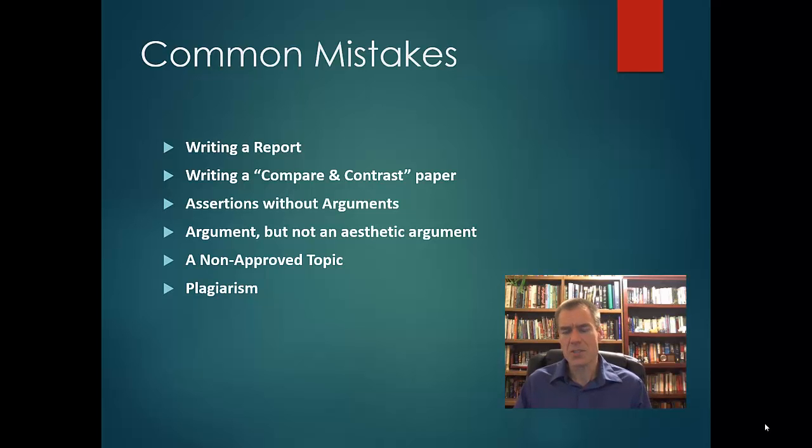What people sometimes do is recycle papers from other classes. And of course, if it's on something like psychology or raising children, or techniques of teaching finger painting to first graders from, say, an education class, they won't have anything to do with actual aesthetics. So be sure that your topic is actually relevant to the class.